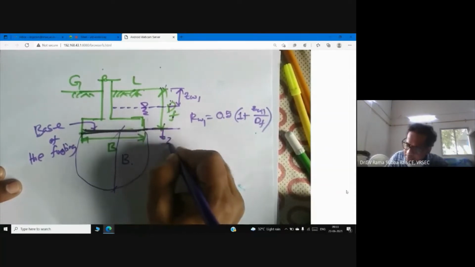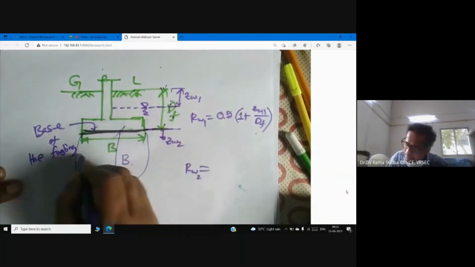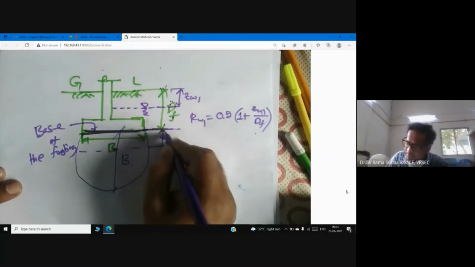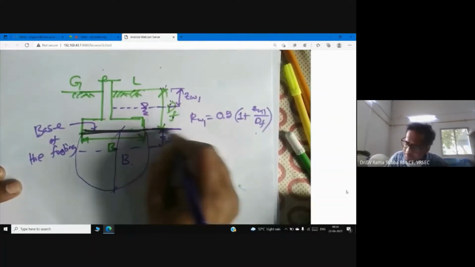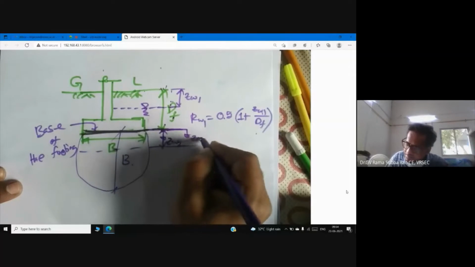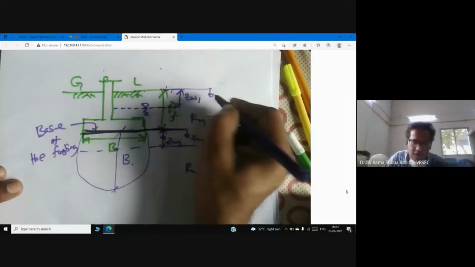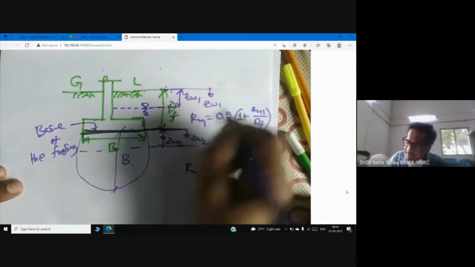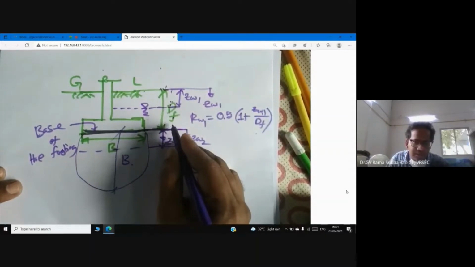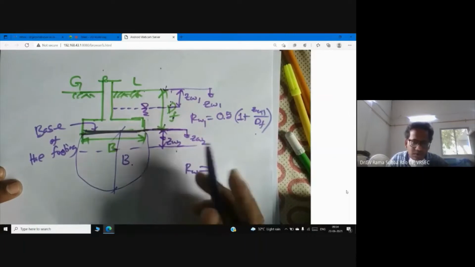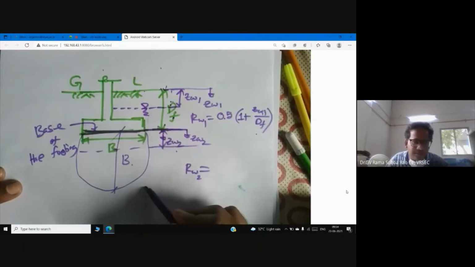Can anyone tell me what this distance to the water table is? ZW2, which starts from the base of the footing. ZW1 starts from ground level and ends at Df. ZW2 ends within the influence of width.